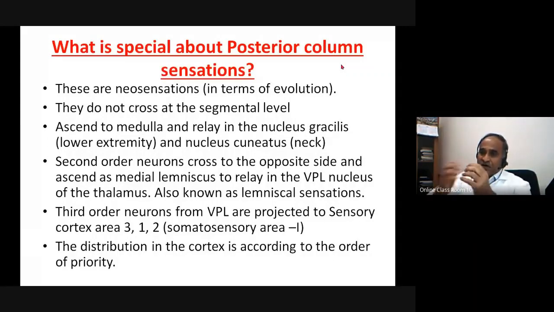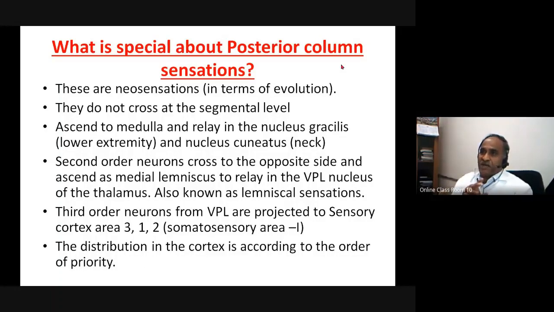These are the columns where sensory inputs to the brain will reach. The fibers from the spinal cord reach the medulla, then the thalamus, and then the cerebral cortex. In that, we have the posterior column today.